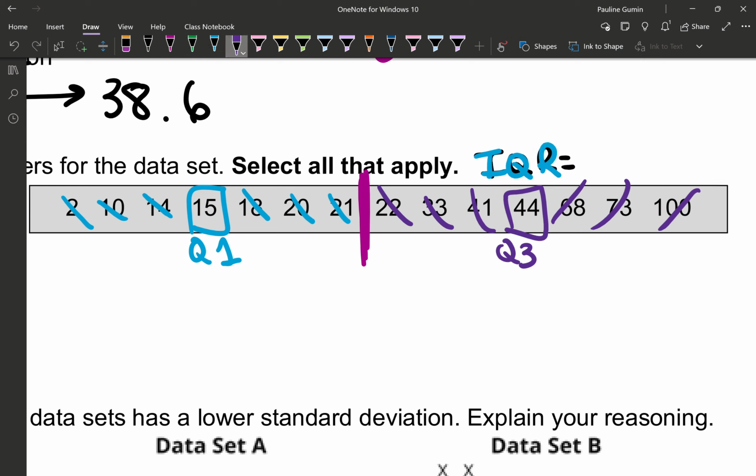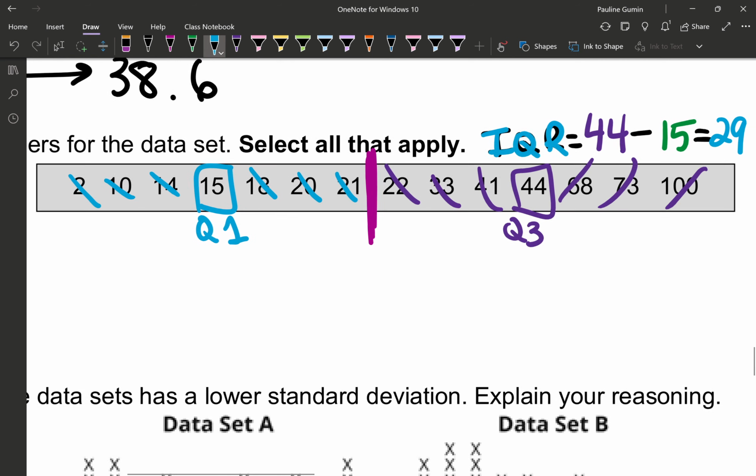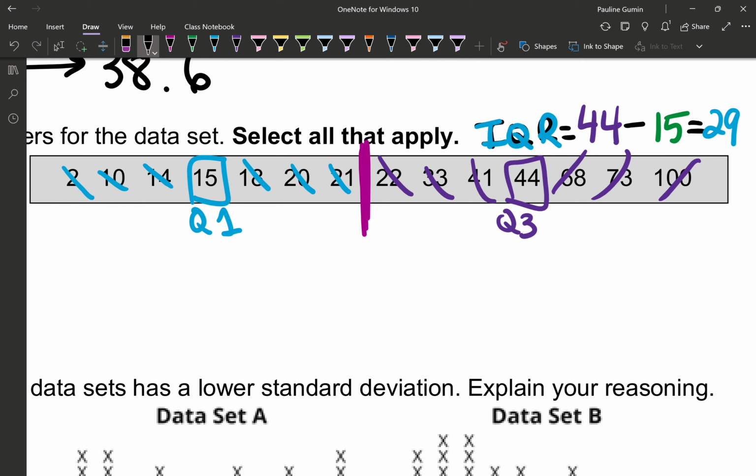To do IQR, we've got to do Q3 minus Q1. So our IQR is 44 minus 15, 29. All right. To see if we have any numbers that are too small for our data, that are outliers on the lower end, we do this formula.